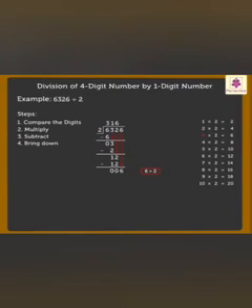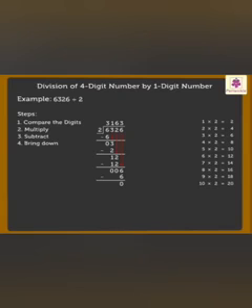As we know 3 into 2 is equal to 6, we write 3 above the 6 in the quotient and the number 6 in the ones column under 6. Subtract 6 from 6. The remainder 0 is written in the ones column.